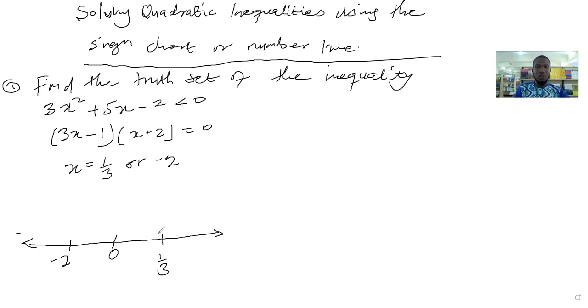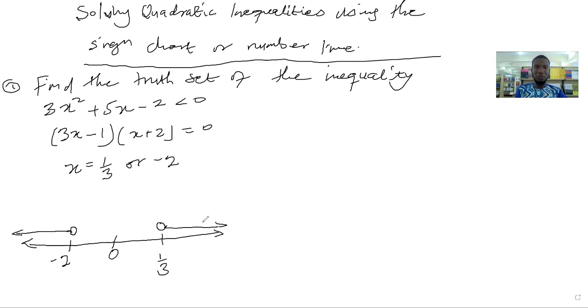To use the number line, it means that our range of values, let's put the two zeros on top of the two critical numbers. What we want to know is whether our values are greater than 1/3, or less than -2, or between the two of them.